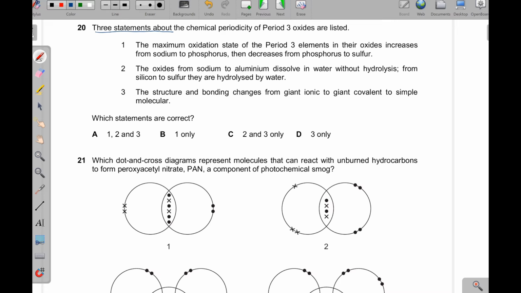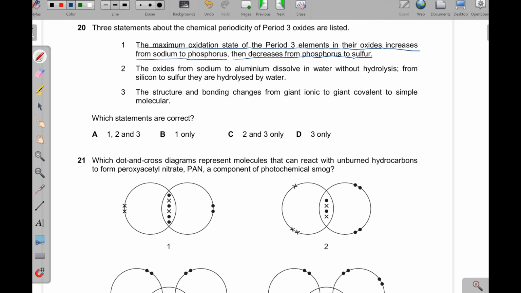Question 23, statements about the chemical periodicity of period 3 oxides are listed. The maximum oxidation state of the period 3 elements in their oxides increases from sodium to phosphorus, then decreases from phosphorus to sulfur. Maximum oxidation state of period 3.